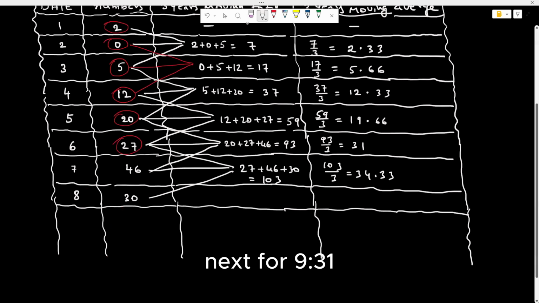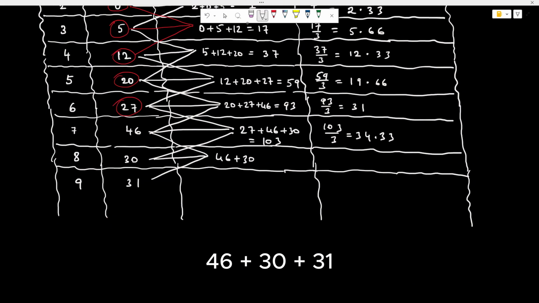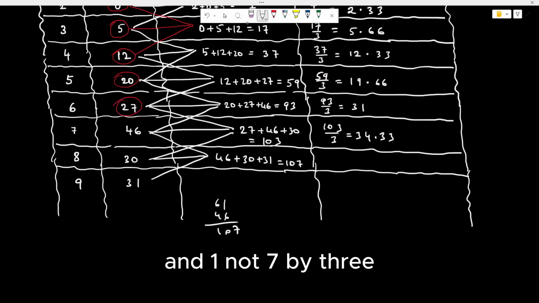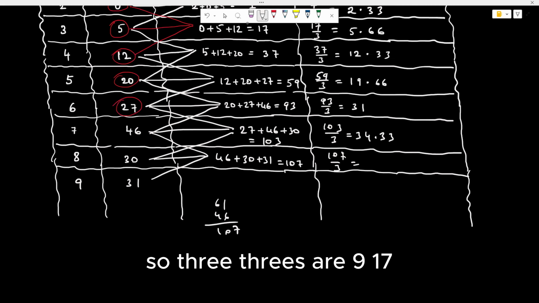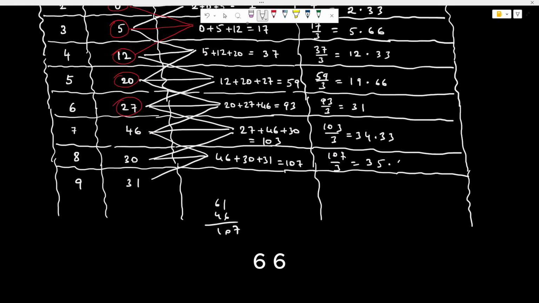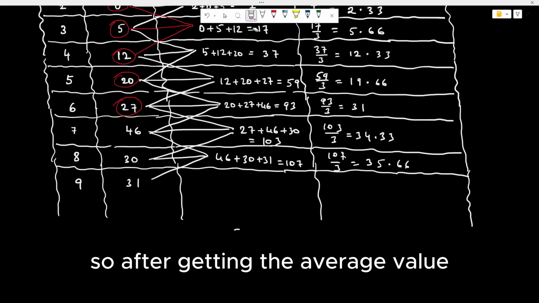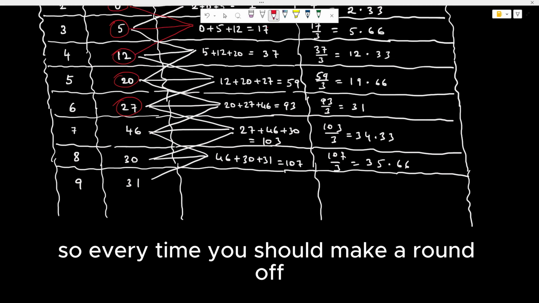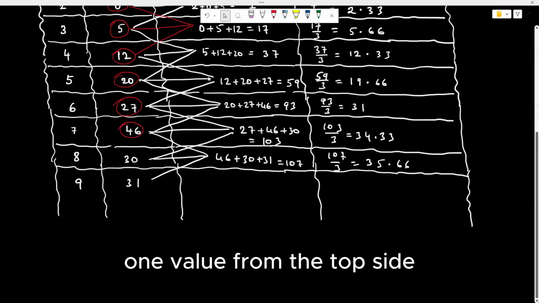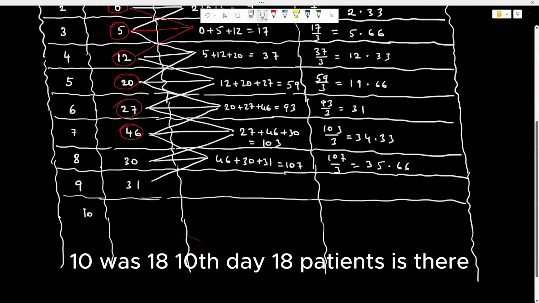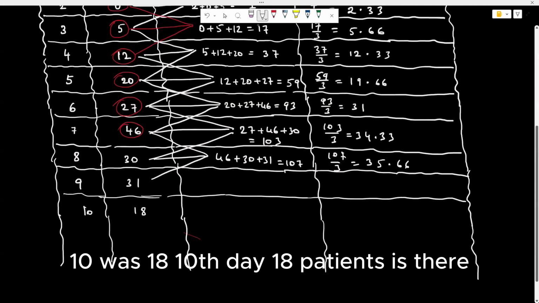Next for 9, 31. 46 plus 30 plus 31: 46 plus 30 is 76, plus 31 is 107, and 107 by 3 is 35.66. After getting the average value, every time you should make a round of one value from the top side. The 10th day has 18 patients.